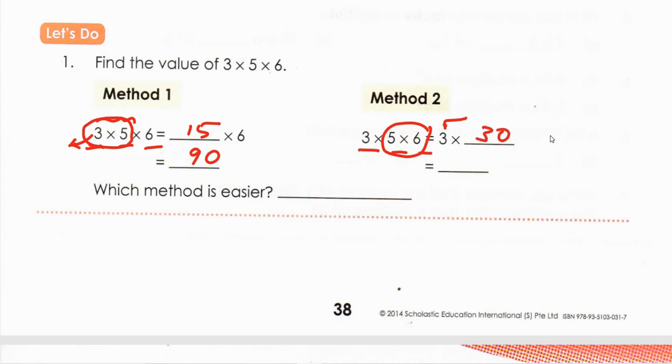Now 3 into 30 is nothing but how much? 90. So the answer is the same. Which method is easier? You say both. Why? Because 2 into 3 is always equal to 3 into 2. Whatever number is multiplied with another number, when you multiply the first factor with the second factor, you get the same answer as if you multiply the second factor by the first factor.